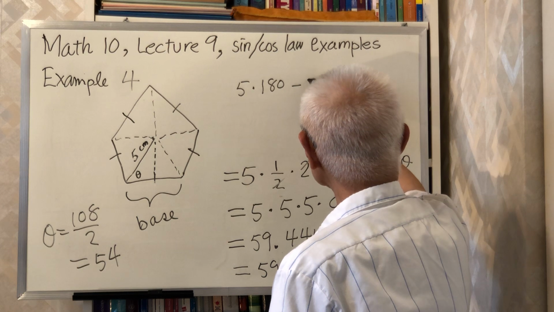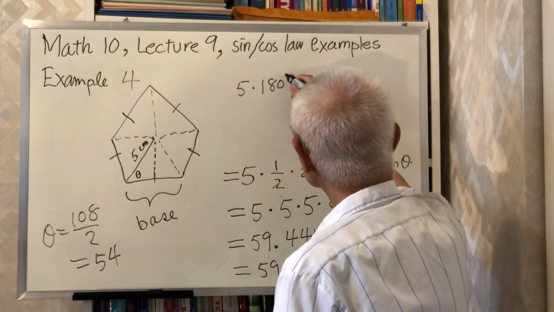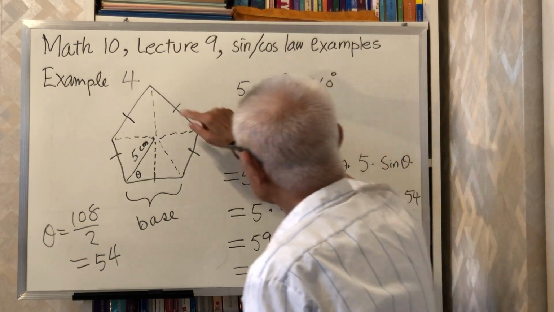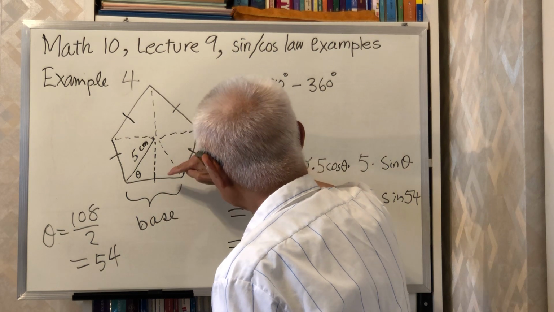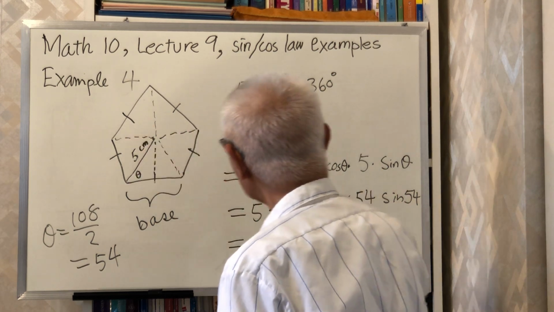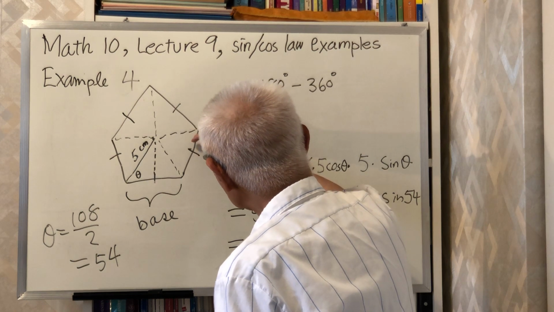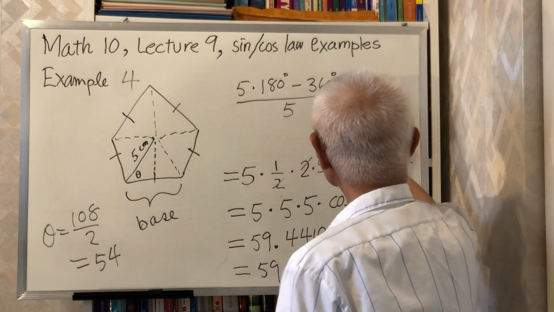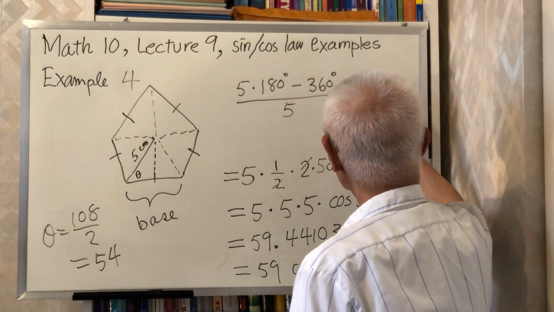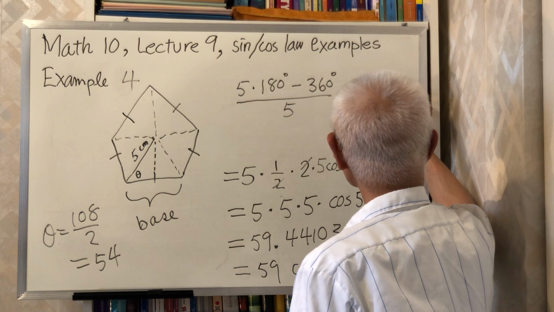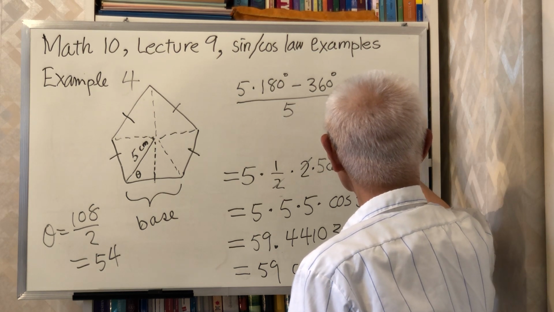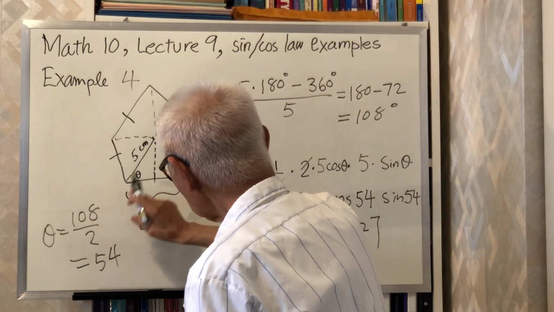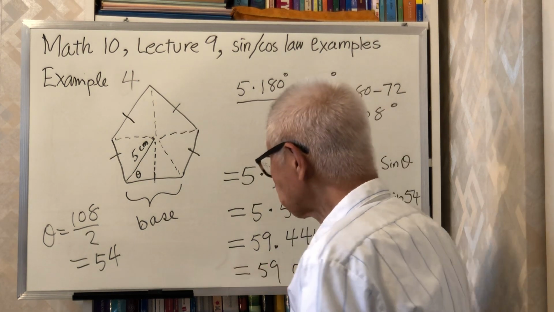So you subtract 360. Then this part is the sum of these 5 angles. But I want only this angle, so you have to divide this by 5. This becomes 180 minus 72, and 180 minus 72 is just 108 degrees. So that's why this is 108 degrees divided by 2. That explains this number.